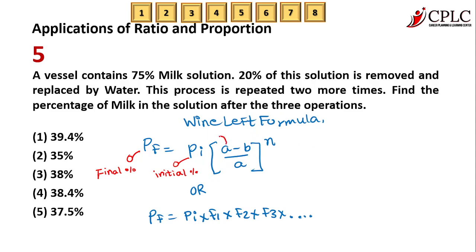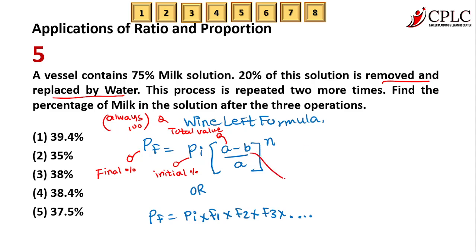Then small a is defined as total value, always 100. The reason is we are going to reset it again and again because removed and replaced by water. So when you reset, it goes back to 100 again.